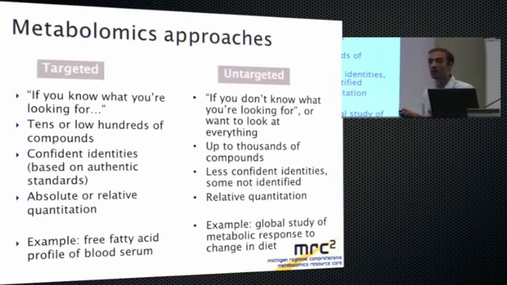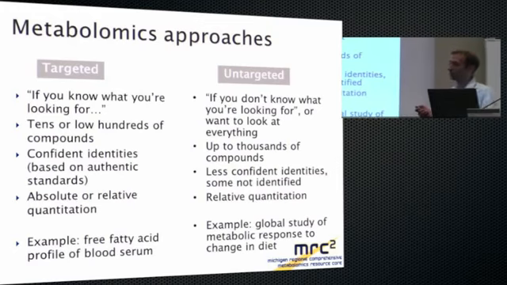Or it may not be, and we'll help you decide that. In targeted, we get confident identities, which are based on authentic standards, and we can give you either absolute quantitation, micromolar, or relative to tissue mass, or any other mode of absolute quantitation, or we can do relative quantitation, and sometimes that's good enough. An example would be free fatty acid profiling of blood serum.